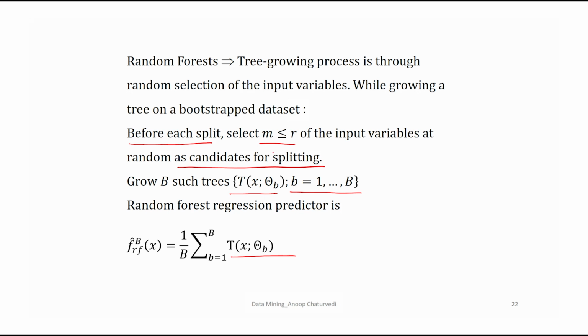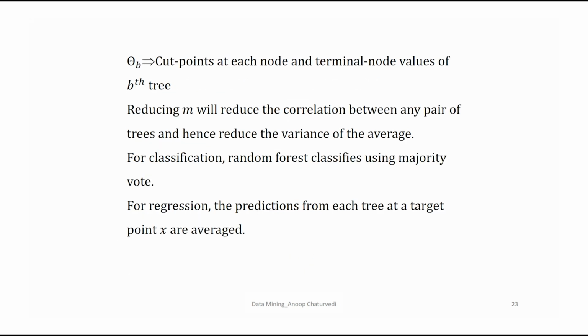So, this is basically the idea behind random forest. We select m of the input variables, and then we take B such sets of input variables, grow B such trees, and using these B trees we obtain this predictor. Theta_b is the cut points at each node and terminal node values of the bth tree.